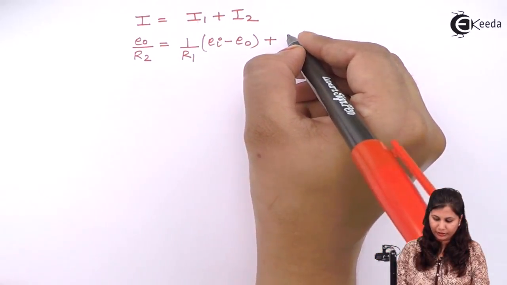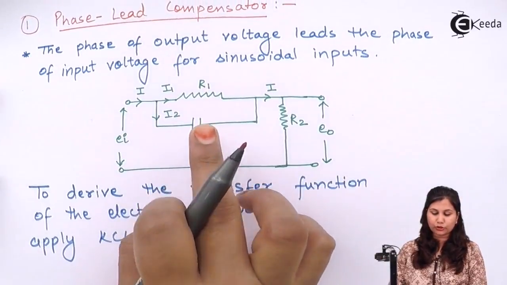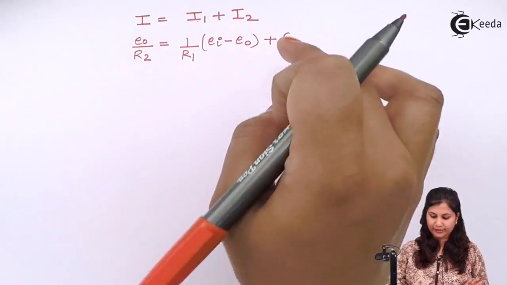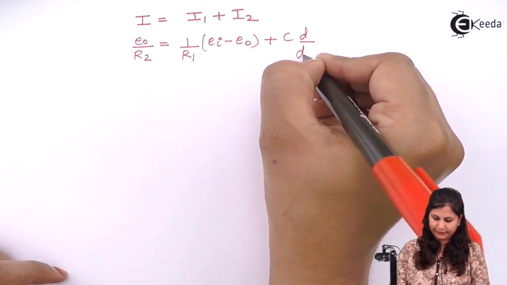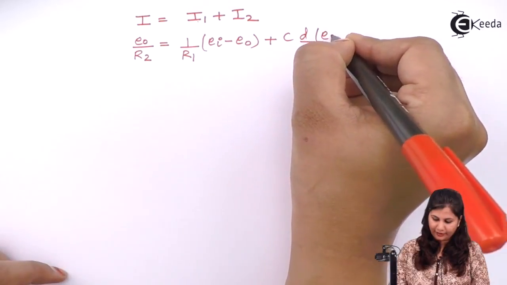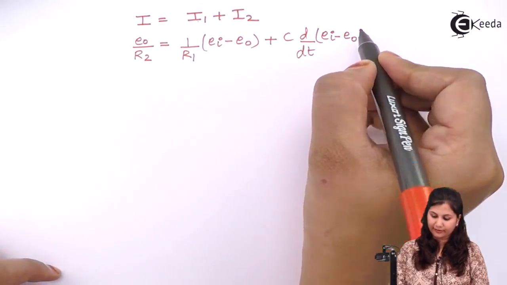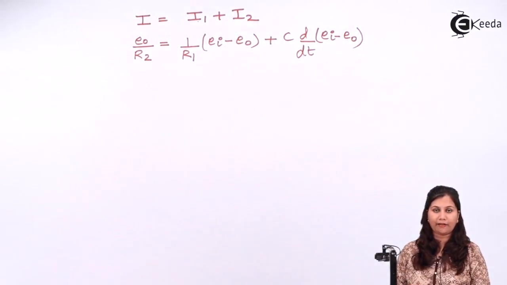Similarly, I2 is the current across the capacitor, and the current across a capacitor is C dV by dt. Here C is the capacitance, and we have the difference of the input voltage and the output voltage. So this is the equation which we have obtained.